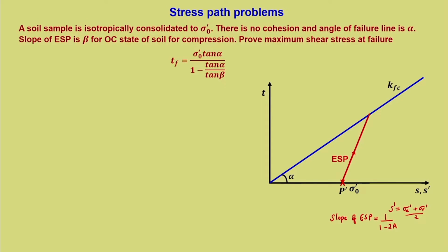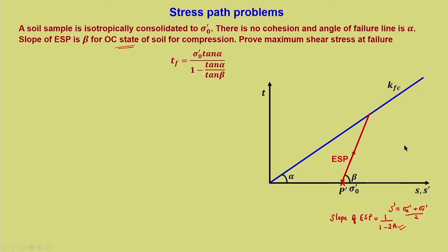For the over consolidated state, if the A value at failure, Af, is considered constant, we know that for heavily over consolidated soil, Af will be negative. If you substitute a negative value for A, the whole slope will become positive. So, we are sure that for the OC state, this ESP is going to have a positive slope, and that is what I have drawn, and that is equal to beta.